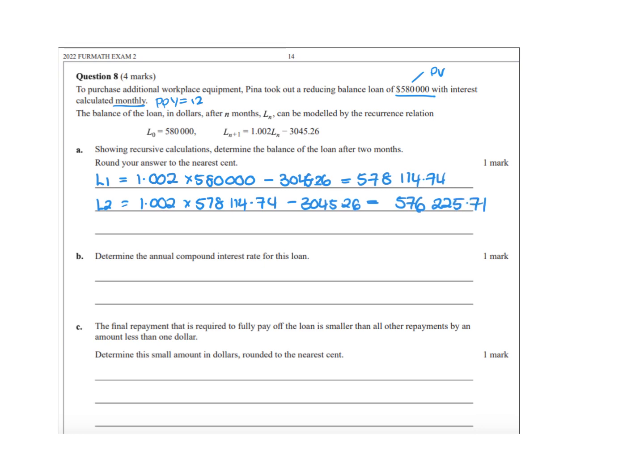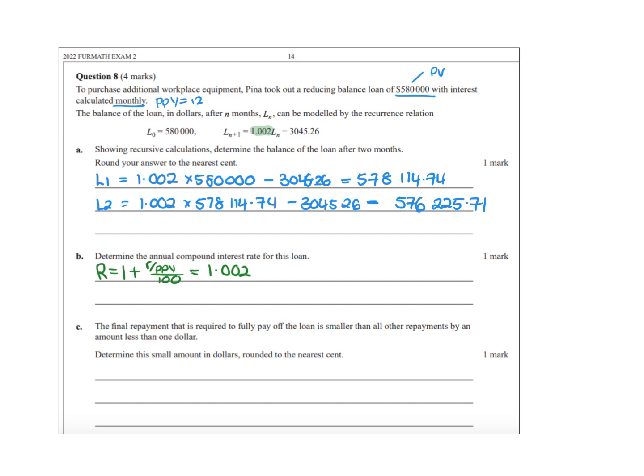Okay, so the next one says determine the annual compound interest rate. So if you remember, this bit up here is that R value, and that R value, the big R, can be found using the annual interest rate and dividing it like that by the PPY and over 100. Now you know that that's equal to 1.002 because you can see it up there.